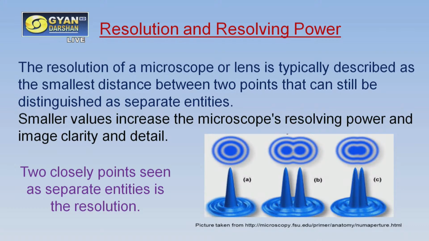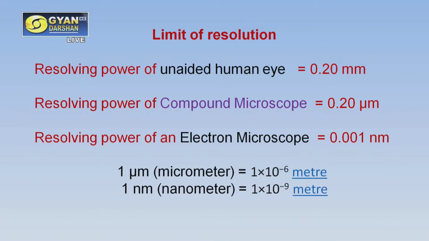You can see in this figure that figure B is clearly resolved, but figures A and C are not clearly resolved by the microscope. It also indicates the quality of the microscope in resolving two things as separate entities. The light microscope has a limit of resolution. The resolving power of the human eye is 0.20 mm.